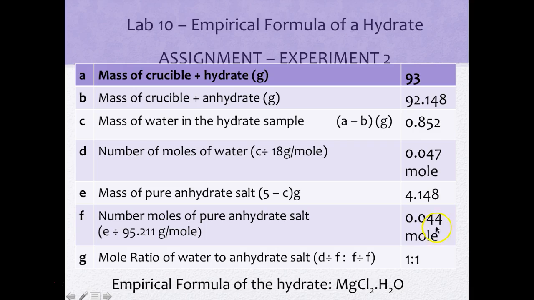Now 0.044 and 0.047 are very similar. If you divide this by 0.044, you get 1. And if you divide 0.047 by 0.044, you get 1. So the empirical formula of the hydrate for magnesium chloride is MgCl2·H2O. They are in a 1:1 ratio.